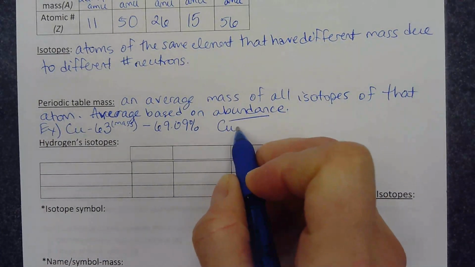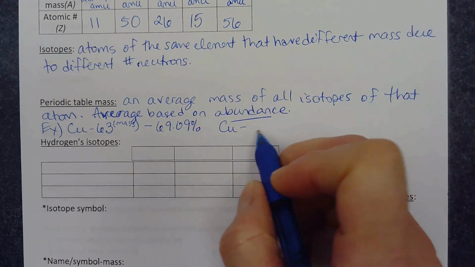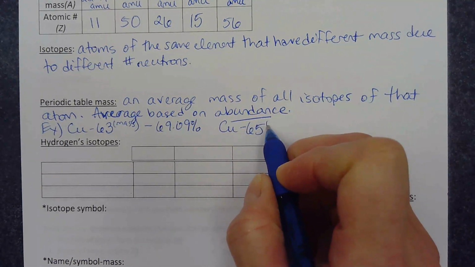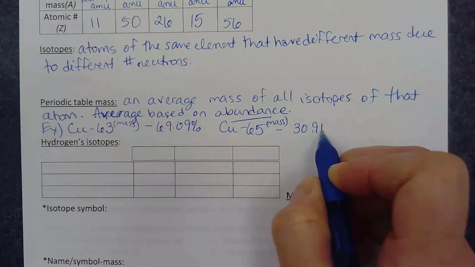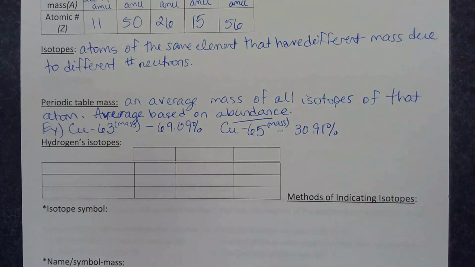We know also that there is an isotope of copper called copper 65. Again, that's its mass. And we know that 30.91% of all copper atoms are copper 65.